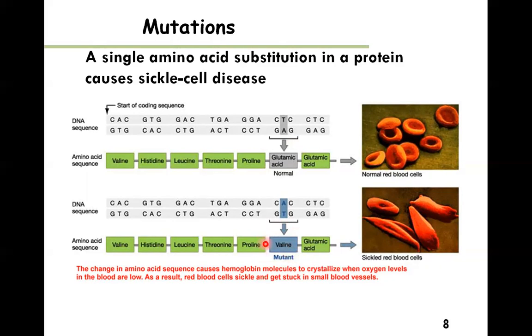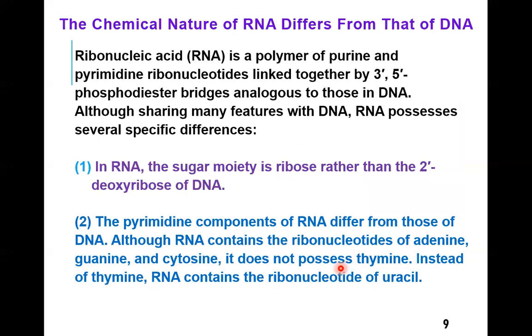Valine will replace the normal glutamic acid at sequence number 6, so glutamic acid changes to valine. This mutation, valine, will give a sickle red blood cell. This is an example of a mutation in the nitrogen base.